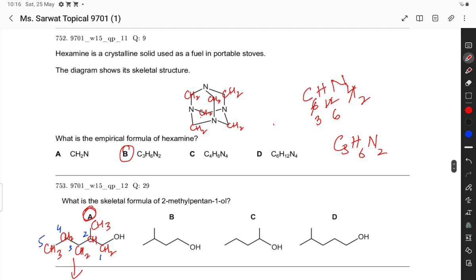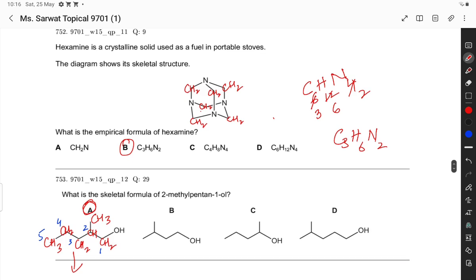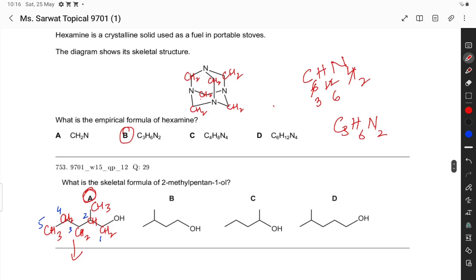Hexamine is a crystalline solid used as a fuel in portable stoves. The diagram shows its skeletal structure. What is the empirical formula? First, count the number of carbon, hydrogen and nitrogen atoms, the actual numbers. Then work out the empirical formula by simple division of these numbers.